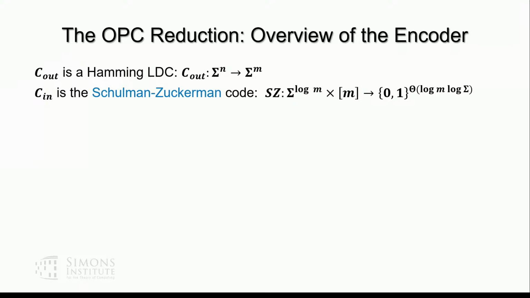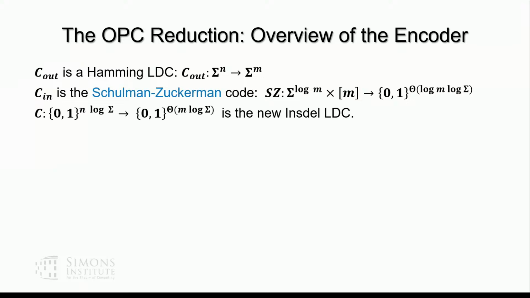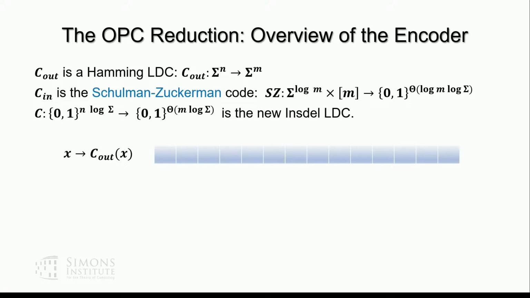And then we're going to compose it with an inner code, which is the Schulman-Zuckerman code that I just mentioned before, which essentially has constant rate, constant distance, linear time decoding. So we're going to obtain a binary code that looks like this.